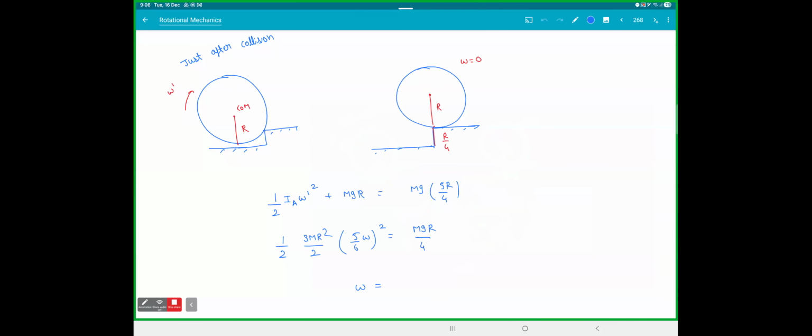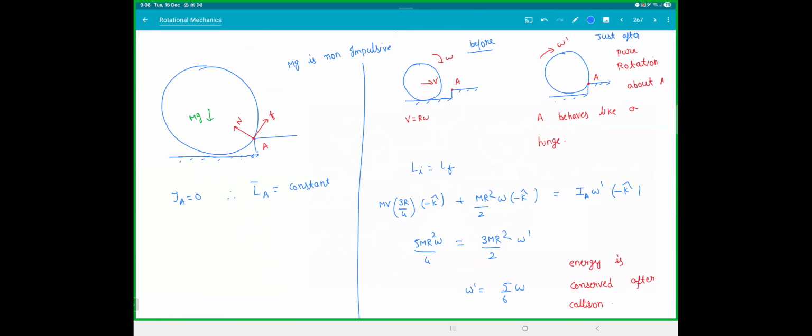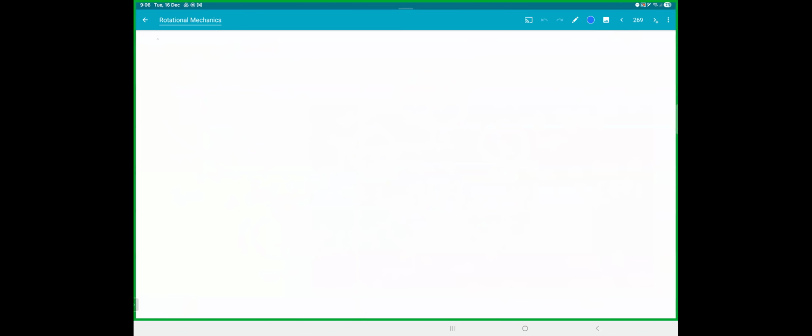Clear with the steps? Then next one. This is another good one. A standard model that comes a lot.